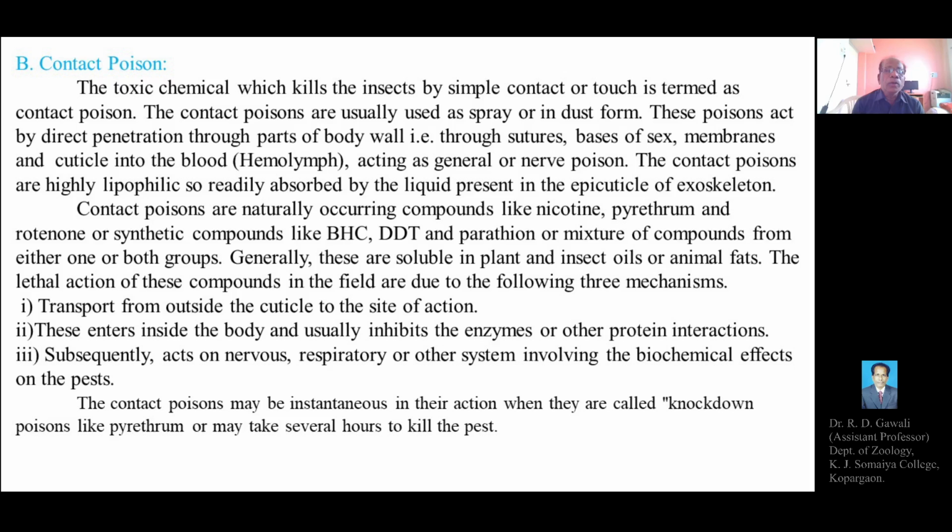like pyrethrum, or it may take several hours to kill the pest. So the contact poisons are again of two types. Instantaneous means the contact poison, on entering the body of the insect pest, immediately produces its toxic or lethal action and leads to the immediate death of the pest, called a knockdown contact poison, and its example is pyrethrum.